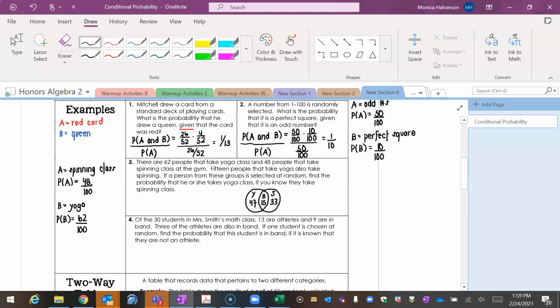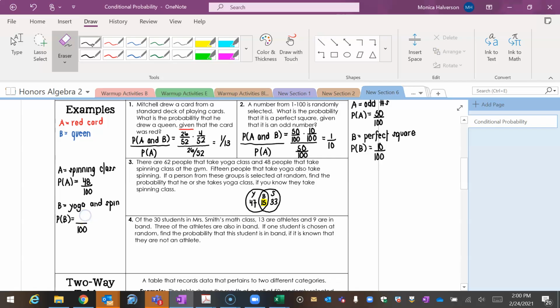So, what is the probability that they do both? Now, the key thing here is that it's 15 people that take yoga and spin, which is actually the more important component of this. So B is not just yoga, it's yoga and spin.